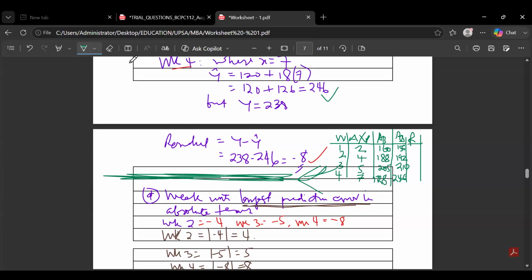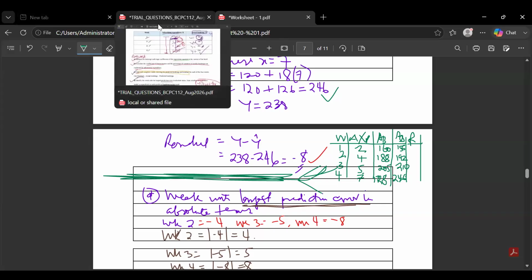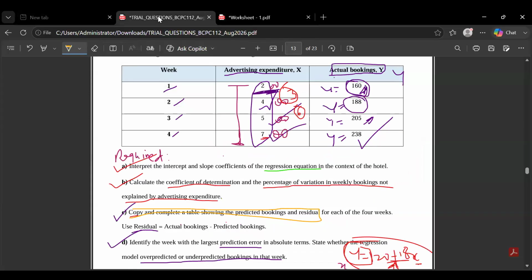Okay. Let's see what we have for the next one. We are taking question 8.